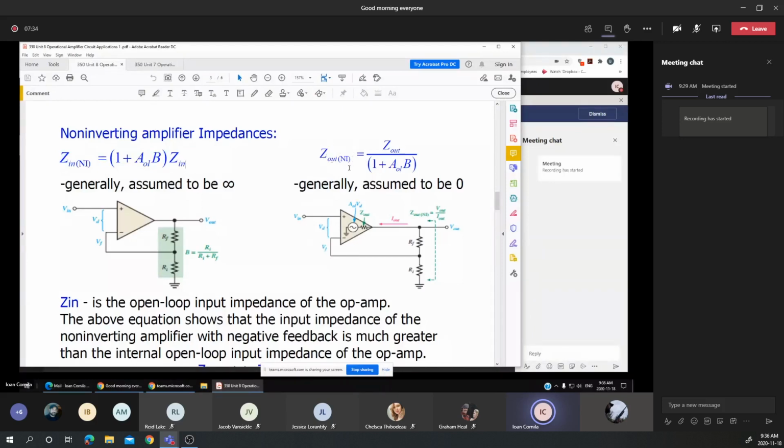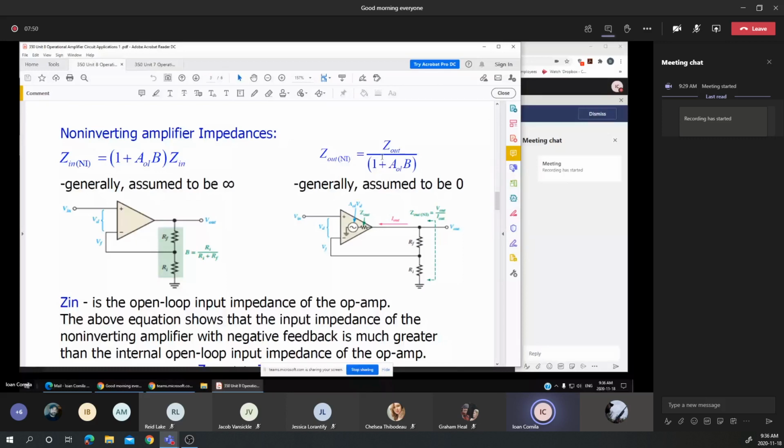In the same way, you can look at the other advantage of a feedback network, which is the output impedance, or the Z out, of a non-inverting amplifier.